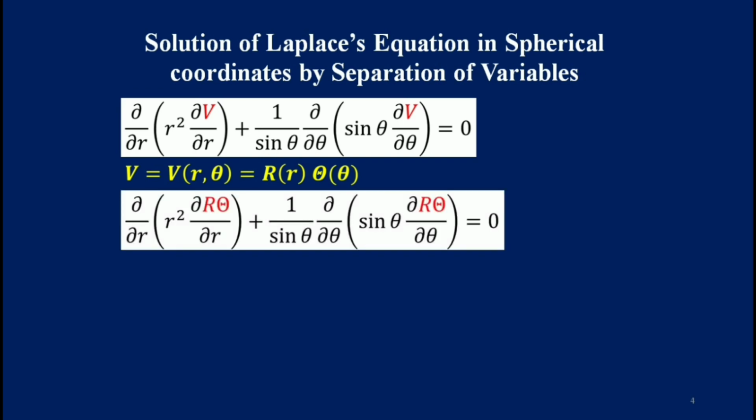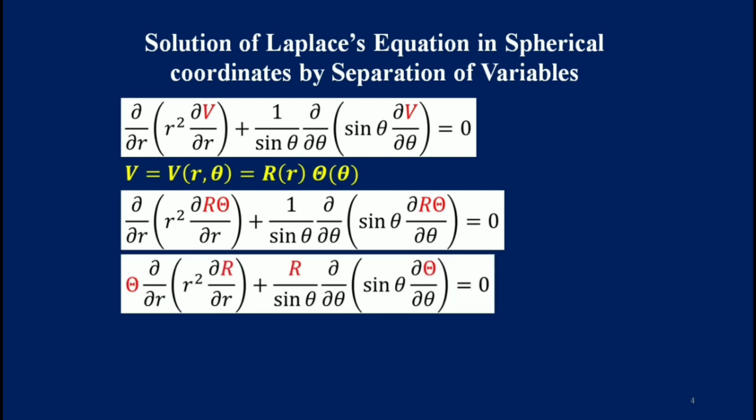We'll put this in the above equation. The partial derivative with respect to r of r squared partial of R Theta upon partial r, plus 1 upon sine theta, partial derivative with respect to theta of sine theta partial of R Theta upon partial theta, equal to 0.